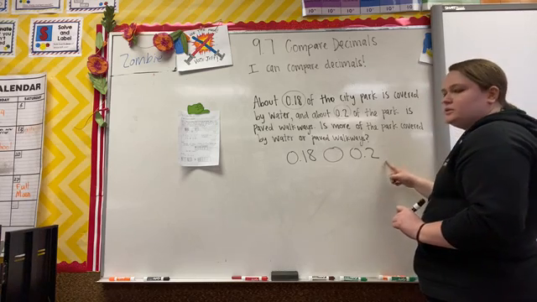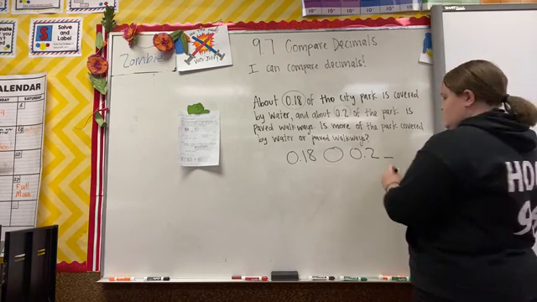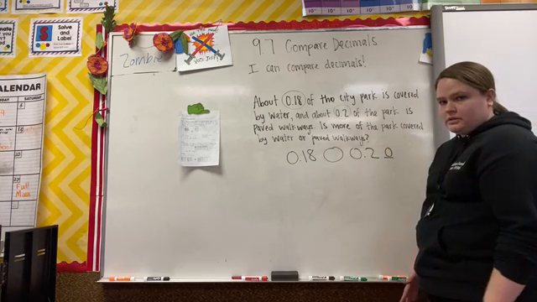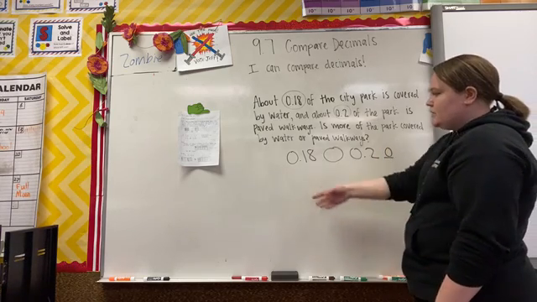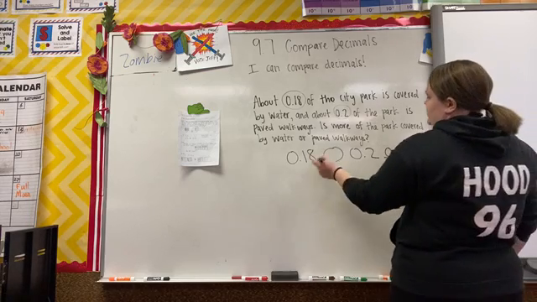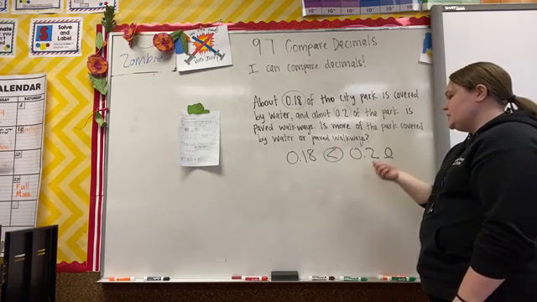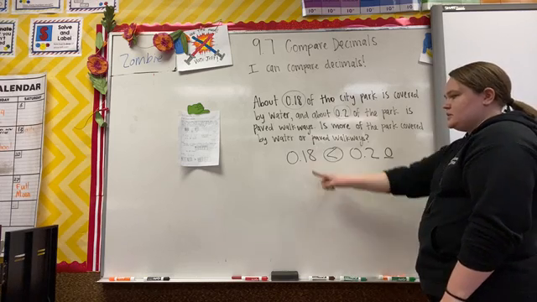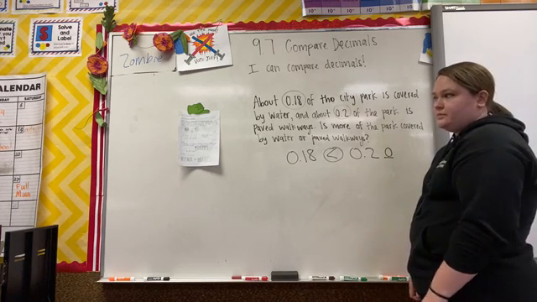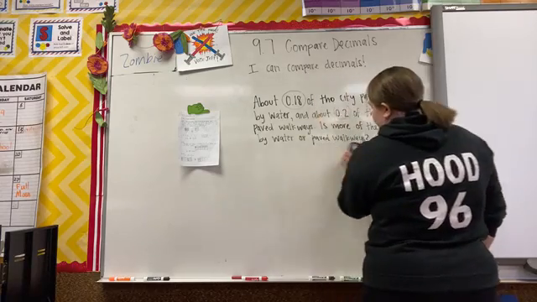So what would I need to do to this one to make it in the hundredths place? I'm just going to add a 0. Okay, so now I have 18/100ths and 20/100ths, and 20 is obviously bigger than 18, so 18/100ths is less than 20/100ths. Okay, we are going to continue with this.